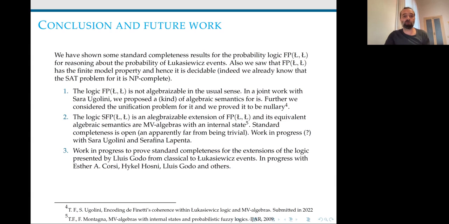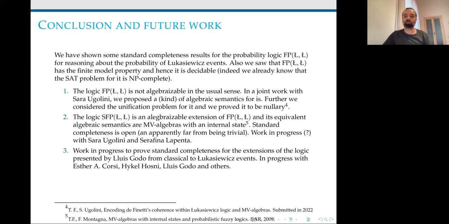Well, this is of course possible, and the logic has been called SFP, for strong FP Łukasiewicz. In fact, this logic is algebraizable. It has an equivalent algebraic semantics made in terms of MV algebras with an internal state. We introduced this logic with Franco Montagna in 2009. This is the good news. The bad news is that we know nothing about standard completeness for this logic.